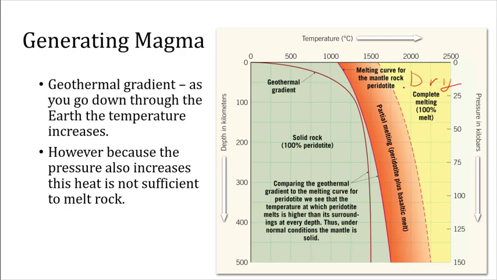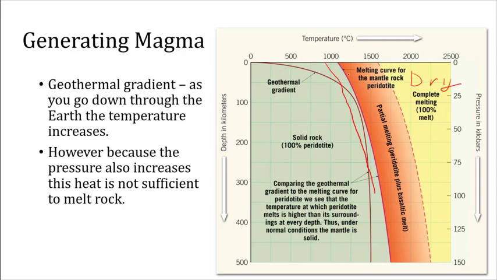Okay, now I'm going to put a line on here. I don't want you to make too much of it because I don't know what the temperatures actually are offhand, because I'm not an igneous person. But the melting curve for dry rock is somewhere over here, and looks something like that.